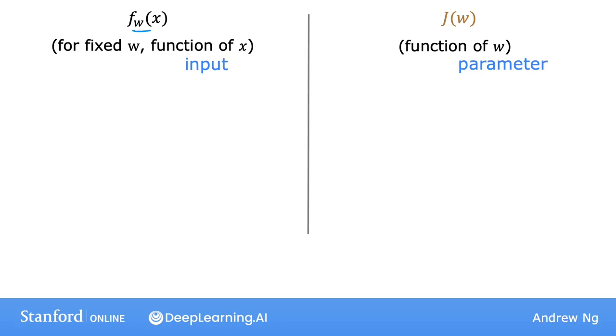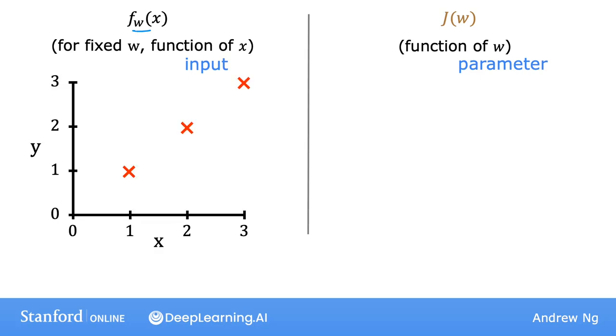We'll start with the model, that is the function f_w of x on the left. Here, the input feature x is on the horizontal axis, and the output value y is on the vertical axis. Here's a plot of three points representing the training set at positions (1, 1), (2, 2), and (3, 3).